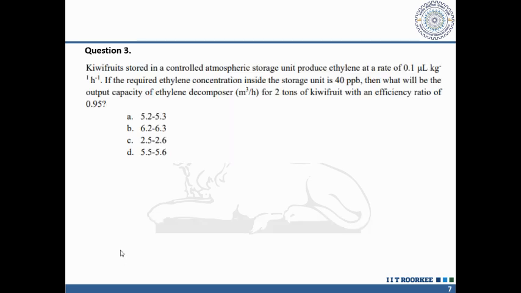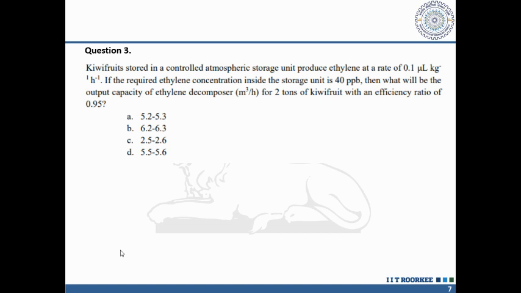So we have a third question, a numerical question. Kiwi fruits stored in a controlled atmospheric storage unit produce ethylene at the rate of 0.1 microliter per kg per hour. If the required ethylene concentration inside the storage unit is 40 ppb, or parts per billion, then what will be the output capacity of the ethylene decomposer in meter cube per hour for 2 tons of kiwi fruits with an efficiency ratio of 0.95?